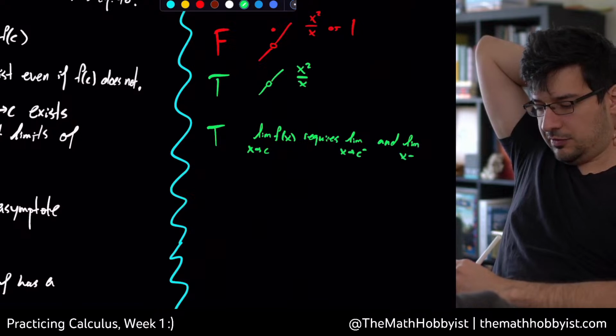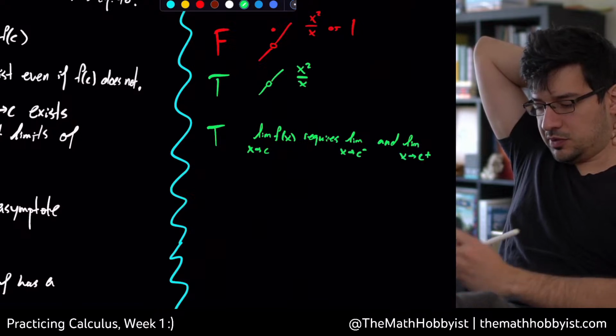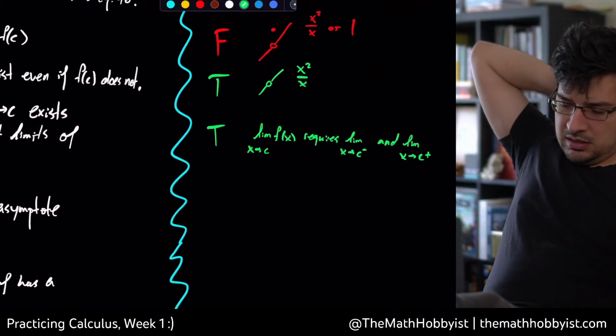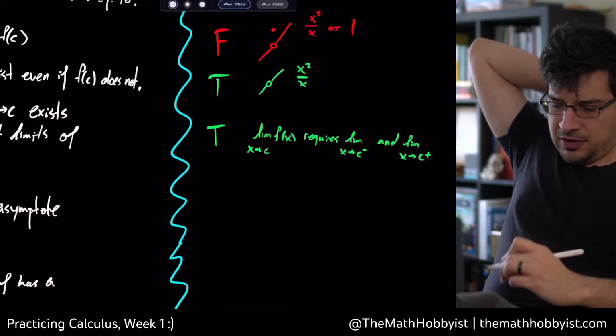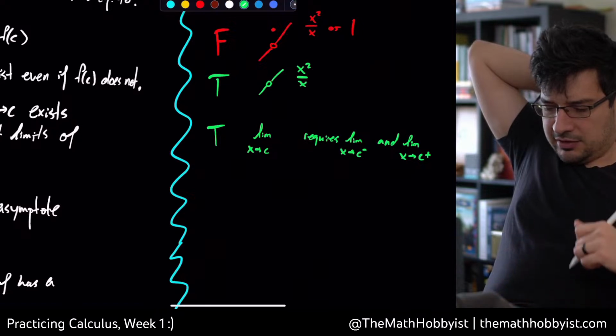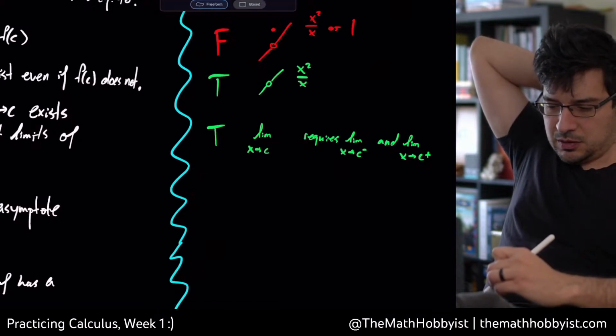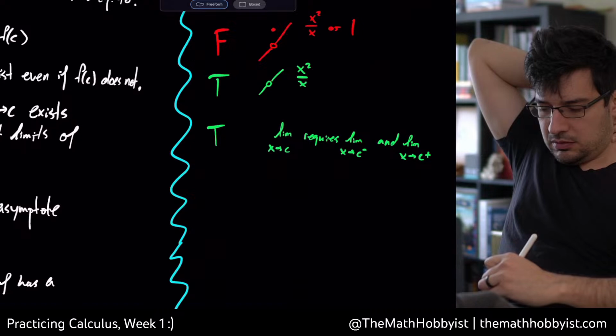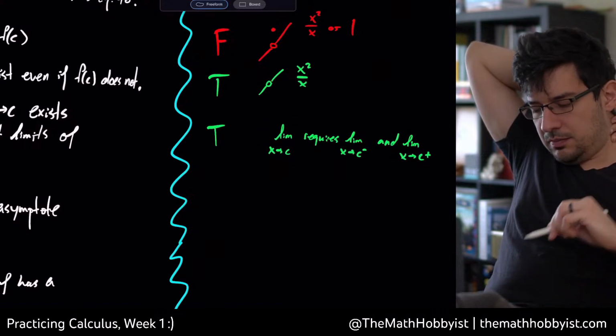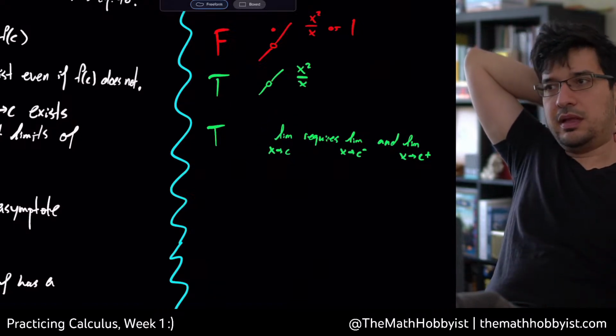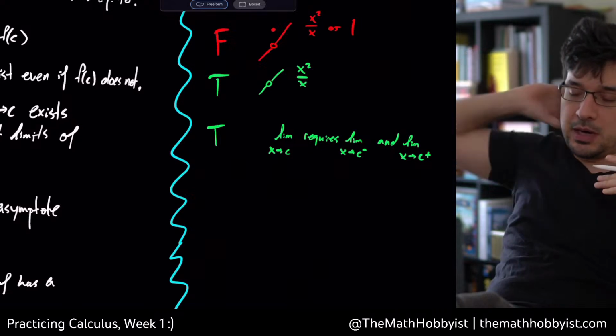It's even further abuse of notation, but the limit of a function as x tends to c requires both the limit from the left and the limit from the right.